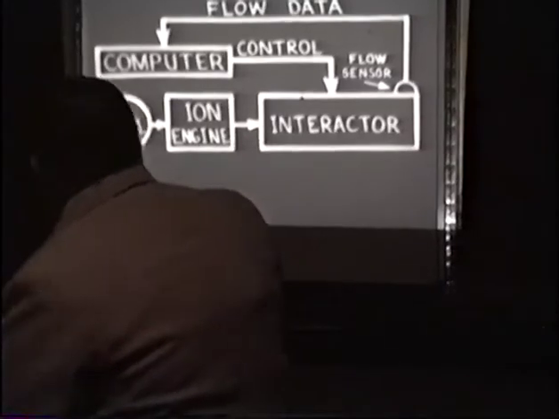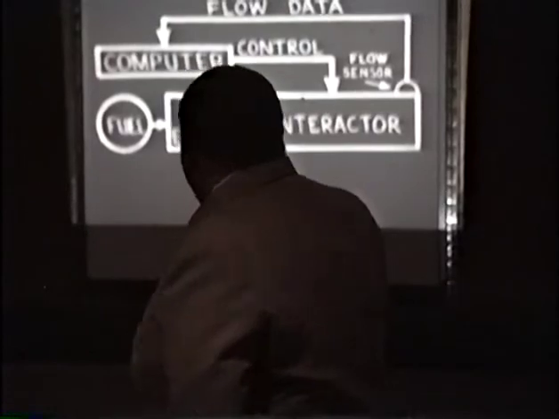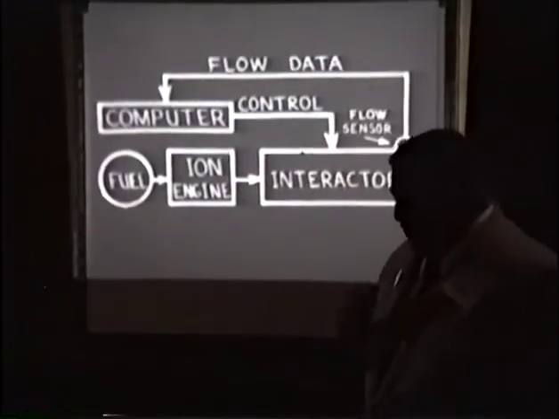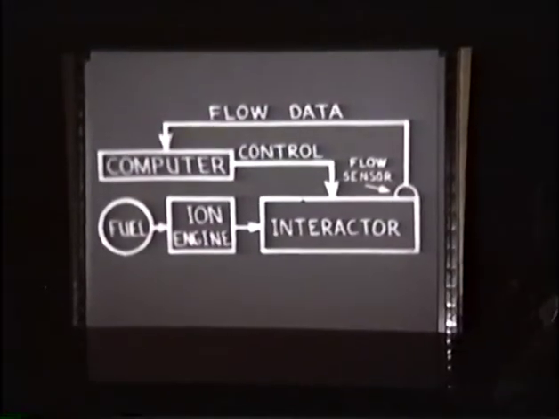Now, a portion of the plasma thunder engine following the plasma injector is called the interactor or interactor assembly. And this is where useful thrust is developed. This is a basic block diagram of a plasma thunder engine.